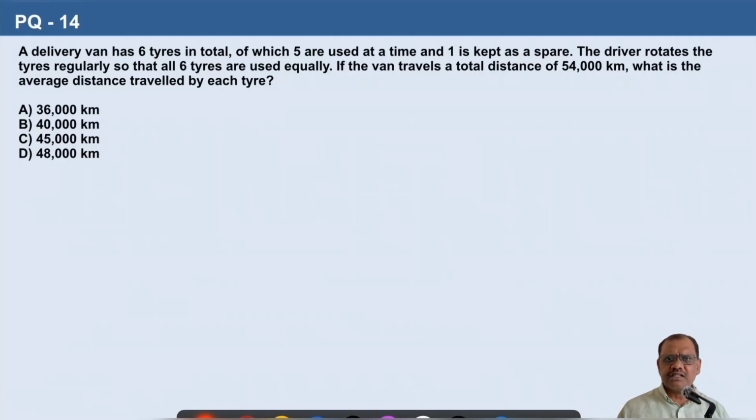So the vehicle is moving a distance of 54,000 kilometers. So all the 5 tires will move 54,000 kilometers. So we'll find out the distance traveled by all the 5 tires.